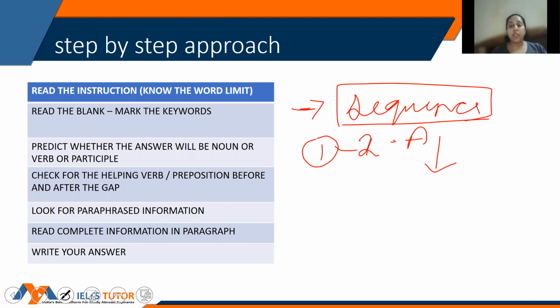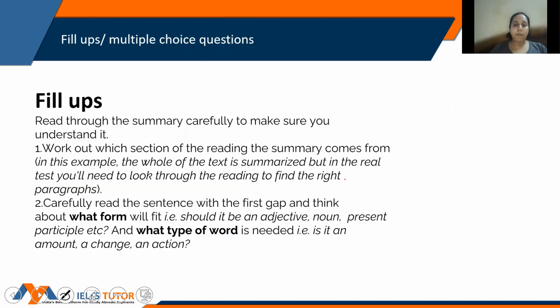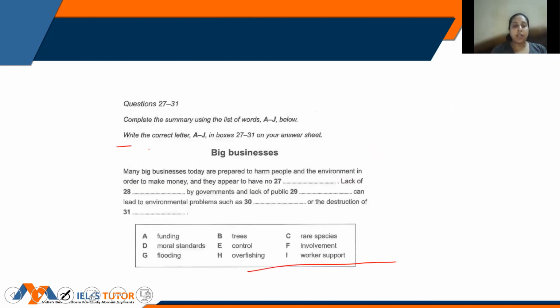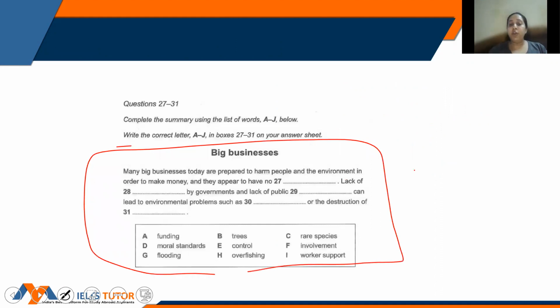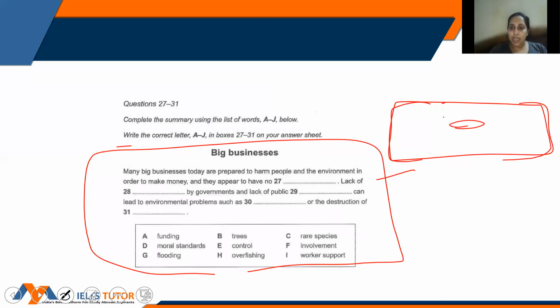Now, there are certain cases where, if you have this question type, there is a possibility you find all the answers in a single paragraph. There is also a possibility that you find your first answer here and the second answer somewhere here.